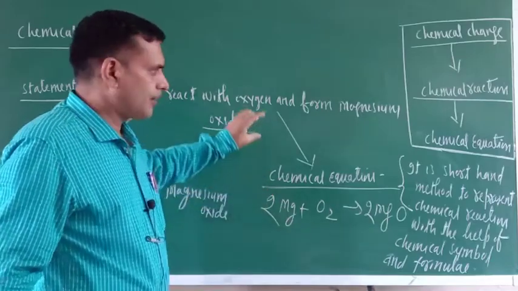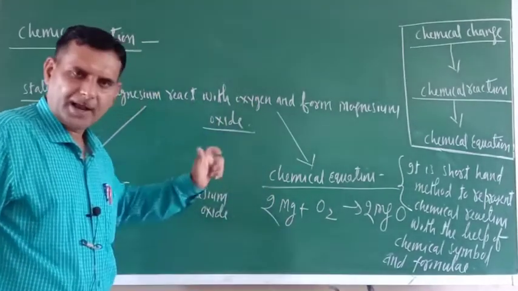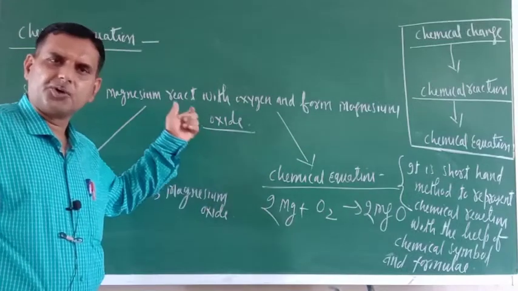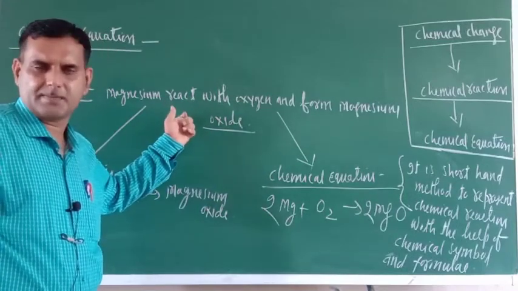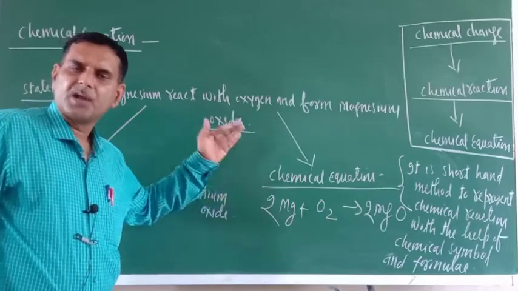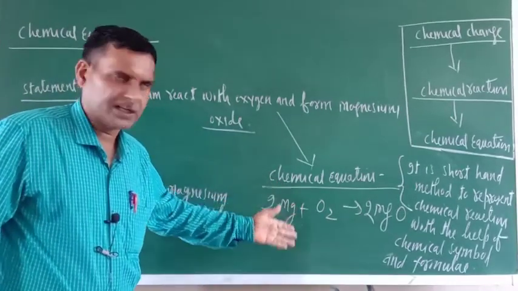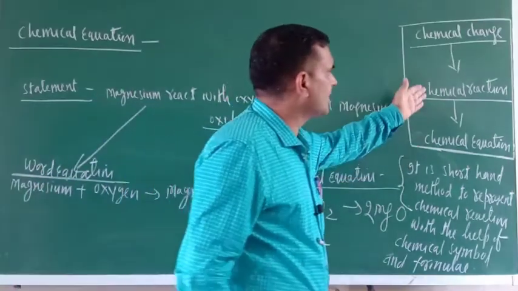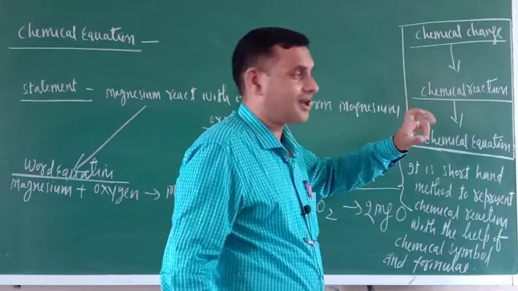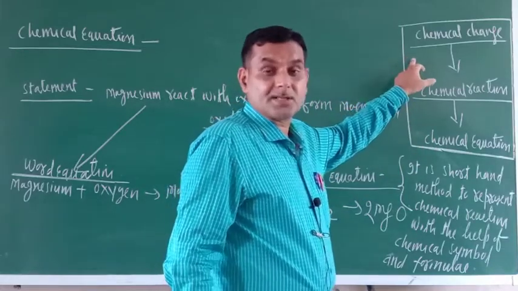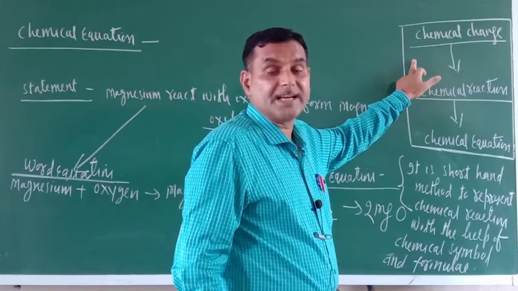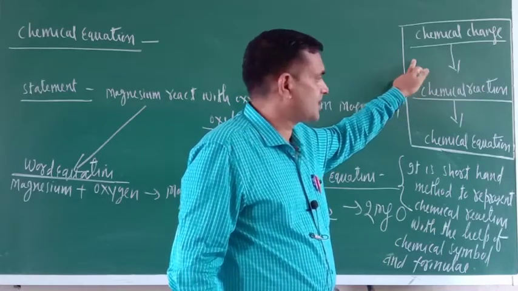Now try to understand why I am calling this a shorthand method. In a chemical equation there is no need to write a statement, just take the help of symbols and formulae and represent the chemical reaction. So all the three things, chemical change, chemical reaction and chemical equation are interlinked. Chemical change is the process in which the original substance loses its identity and forms a new substance.